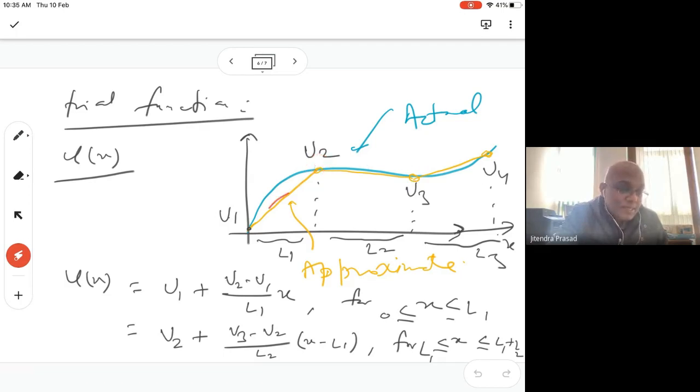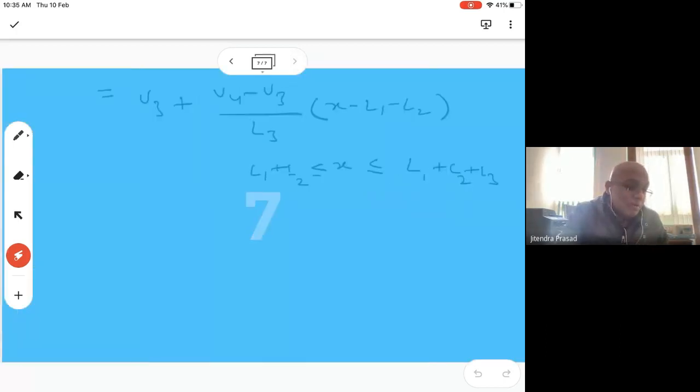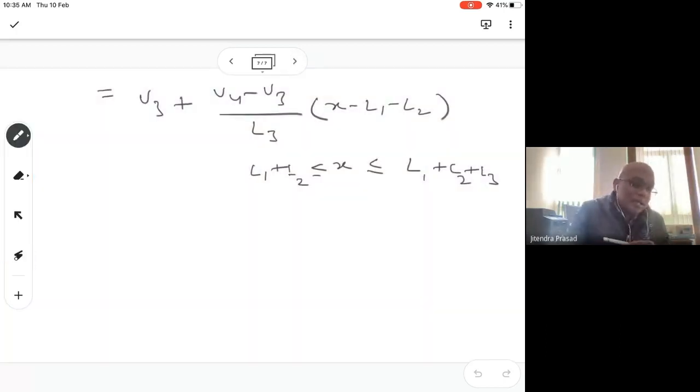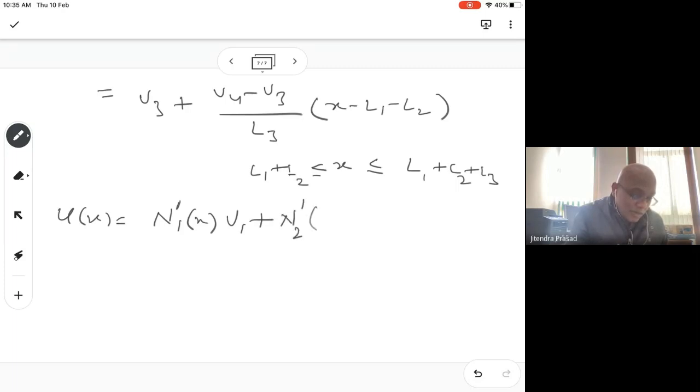You can also write this as u(x) equal to N1(x) u1 plus N2(x) u2 for element number 1.